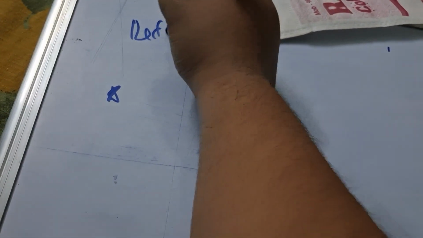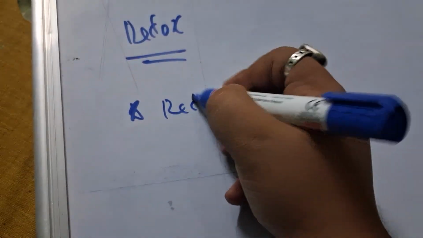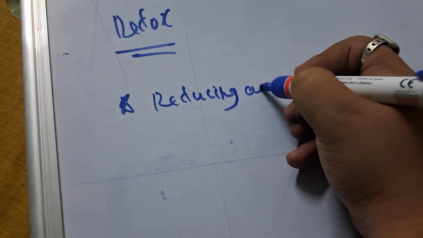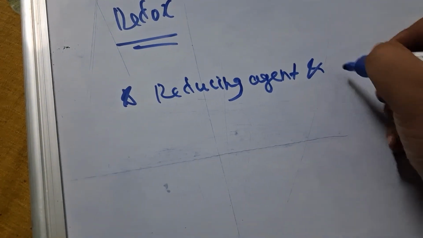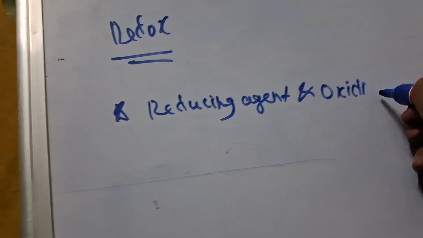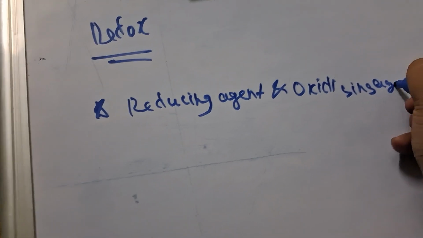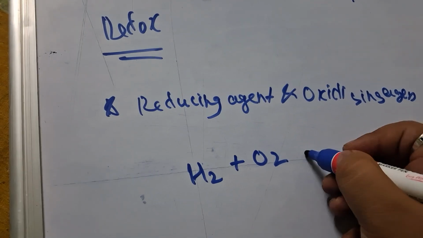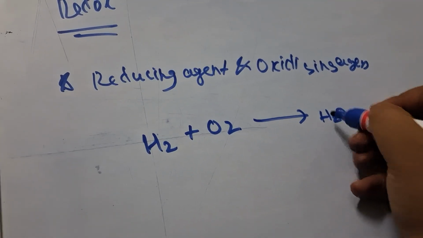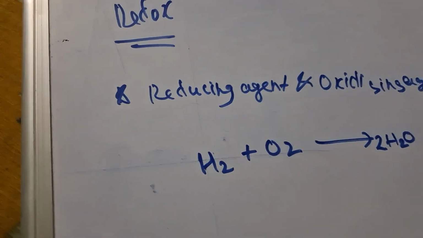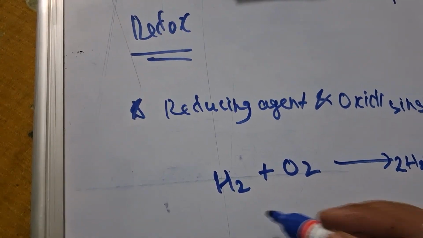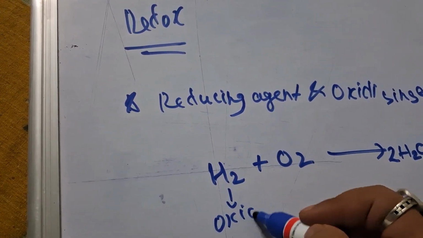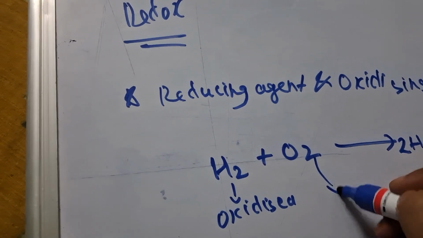Redox, redox. You can keep that. Reducing agent and oxidizing agent. I'll give you one example: H2 plus O2 equals H2O. This is getting oxidized. This is getting reduced.